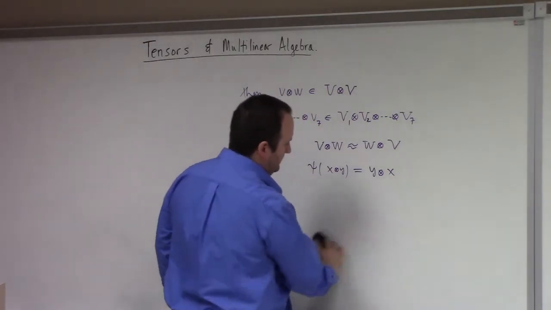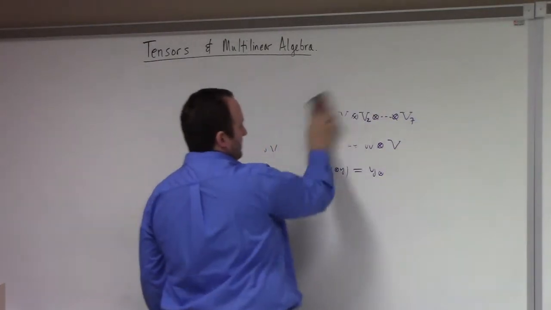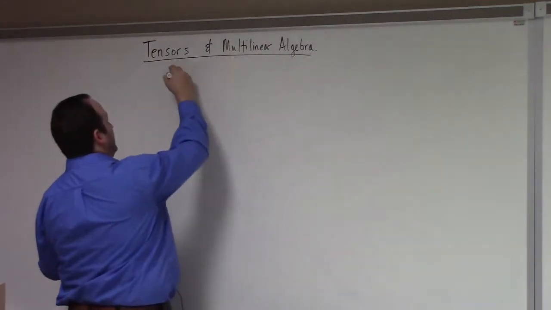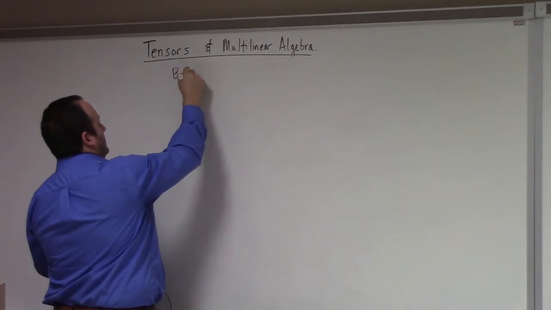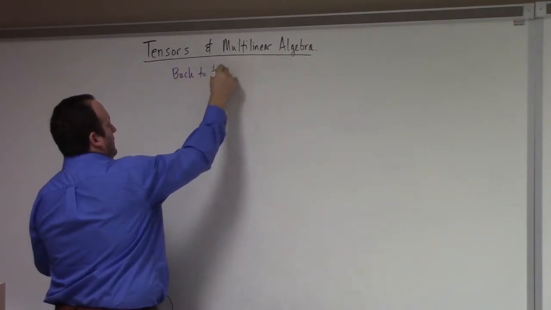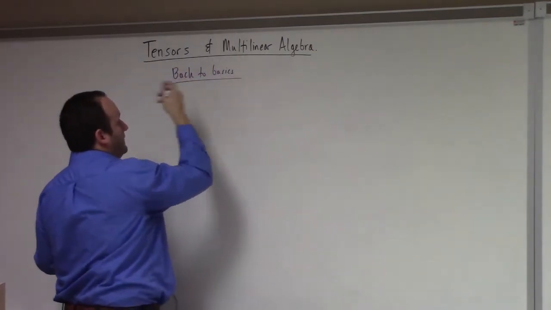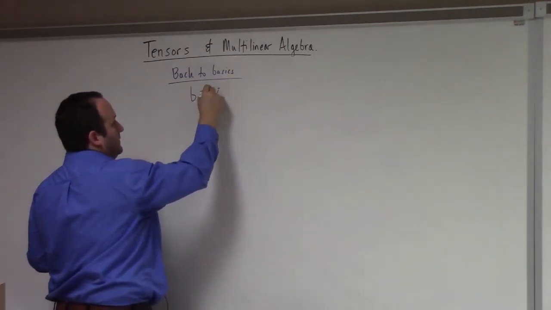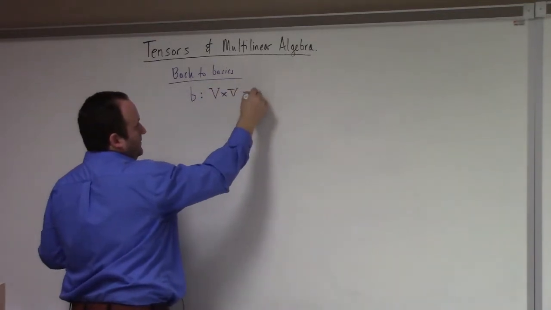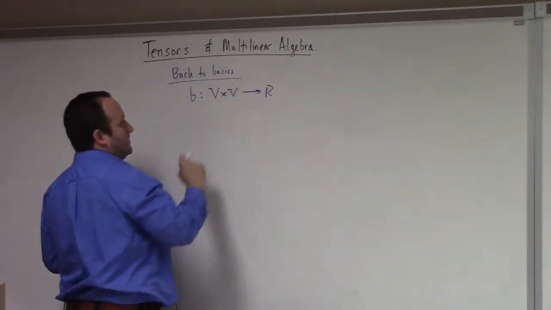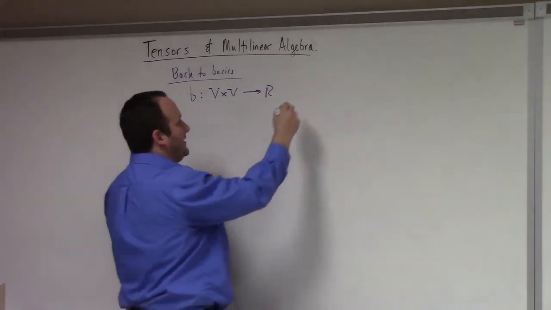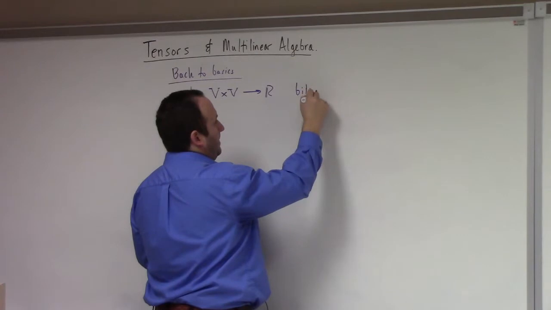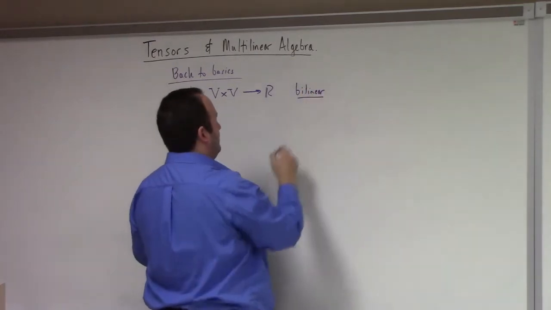All right, so back to basics, if you don't mind. If I have B mapping from, say, V cross V into the reals, then this is said to be bilinear when what?